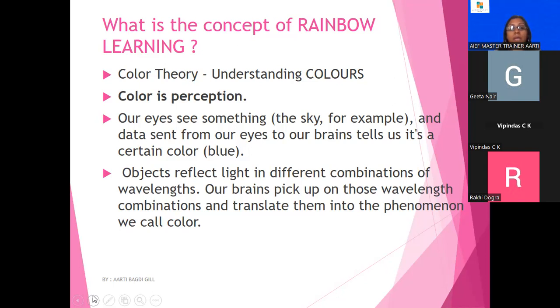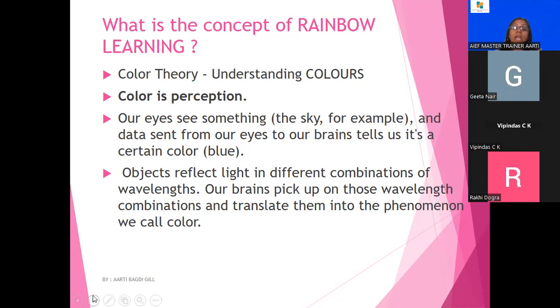Very interesting. Our eyes see something, for example the sky, and data sent from our eyes to our brain tell us it is about that color. So that is your perception. It shows what signals are going to your brain, and what you are getting from it is the basis of this rainbow learning. The brain picks up those wavelength combinations and translates them into the phenomena we call color. Very simple.